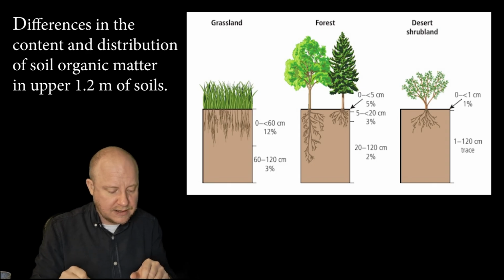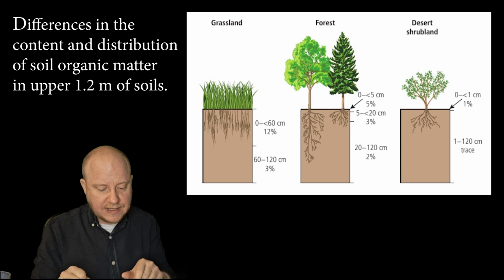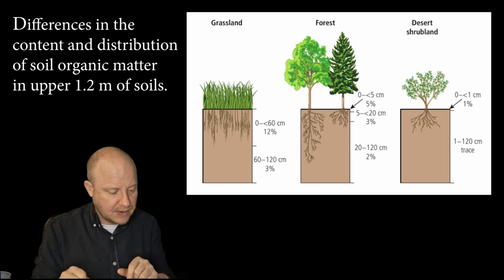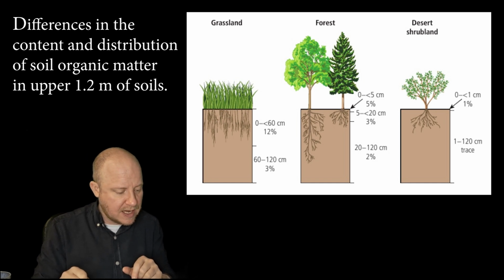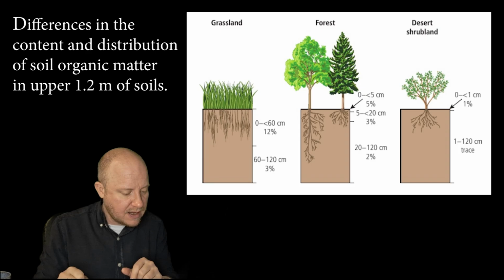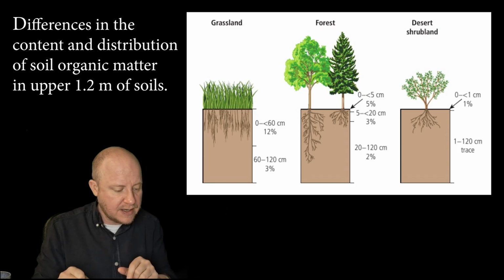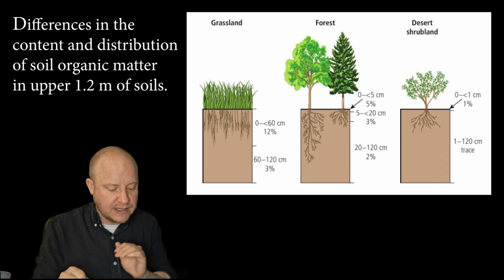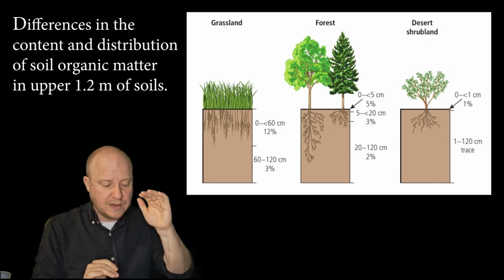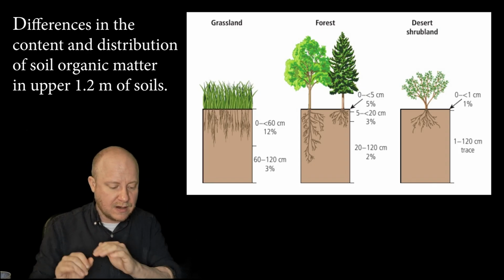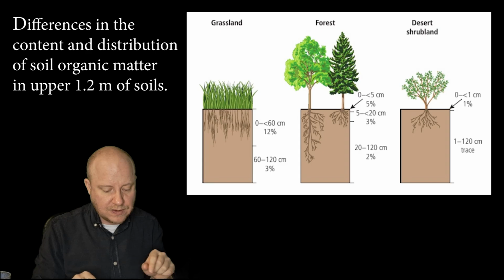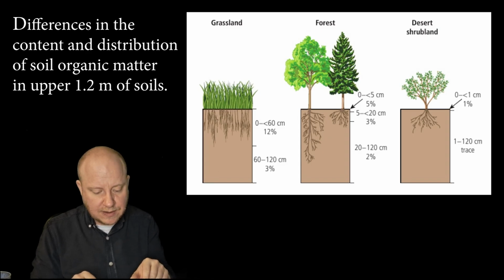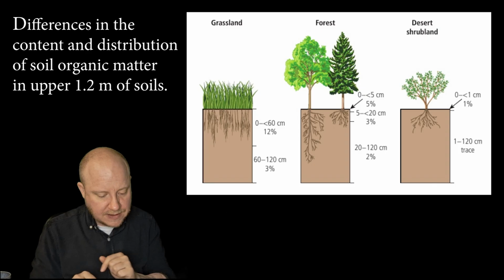Then for forest, and then for desert shrubland. Okay. So it shows the differences in the content and distribution of soil organic matter in the upper 1.2 meters of soil from a grassland, a forest, and a desert. So if you're just looking at 1.2 meters of soil, how much organic matter would be in each of those, right? So it would be 12% versus 3% versus 1%.